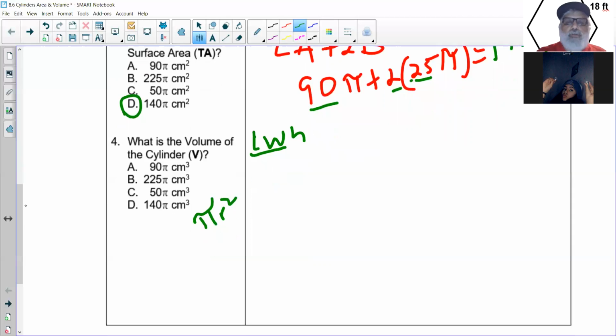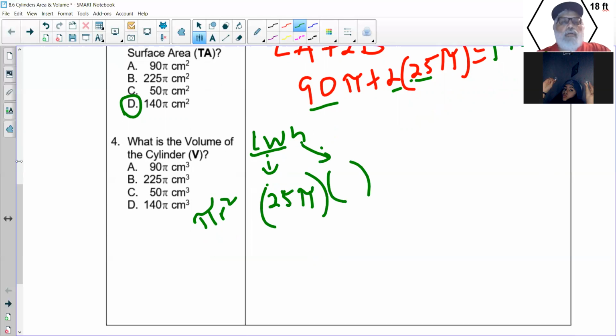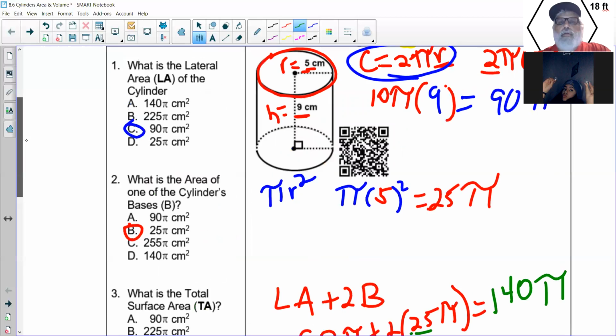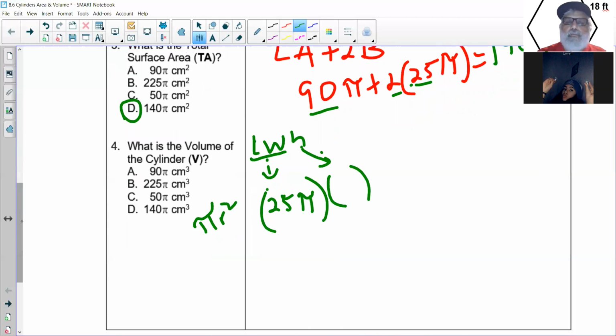Right, so on number 2, this part is going to be 25 pi. The second part is going to be the height, which was 9. Again, pi is part of the answer.